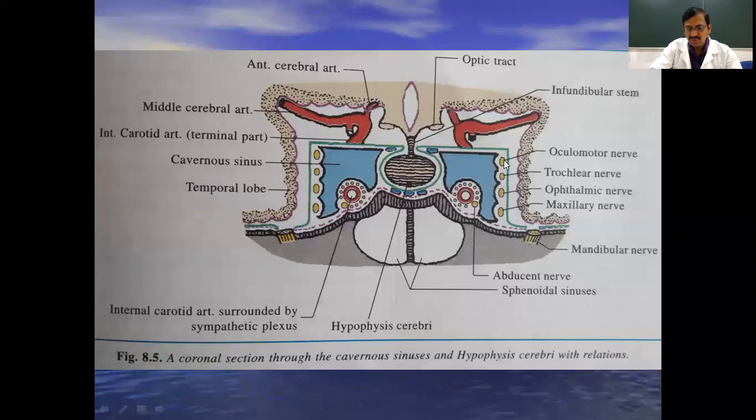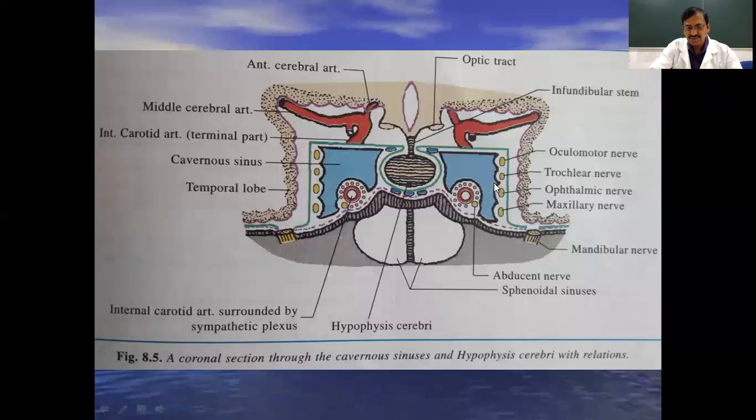This is the oculomotor nerve, this is the trochlear nerve, this is the ophthalmic nerve, and this is the maxillary nerve. All these nerves are having relation with the lateral wall of the cavernous sinus, and they are separated from the cavernous sinus by the endothelial lining.